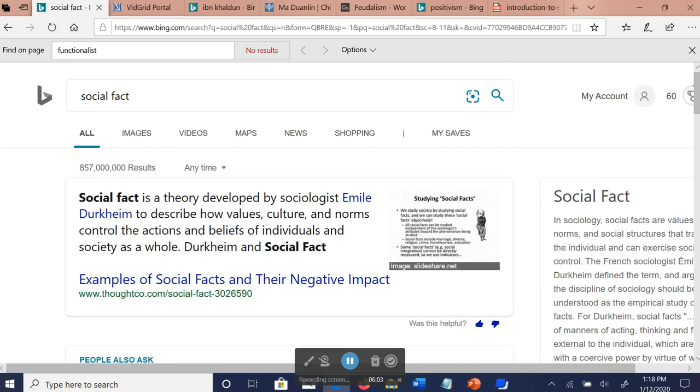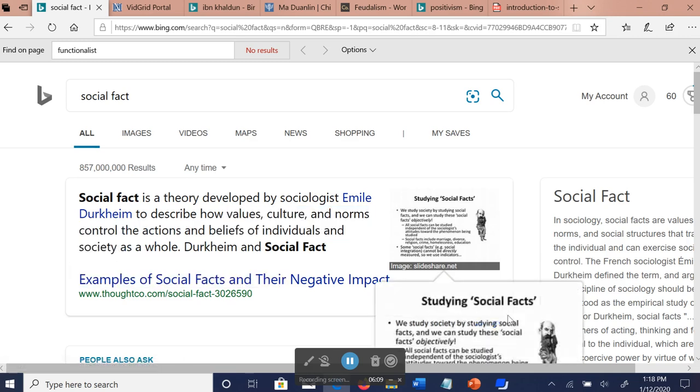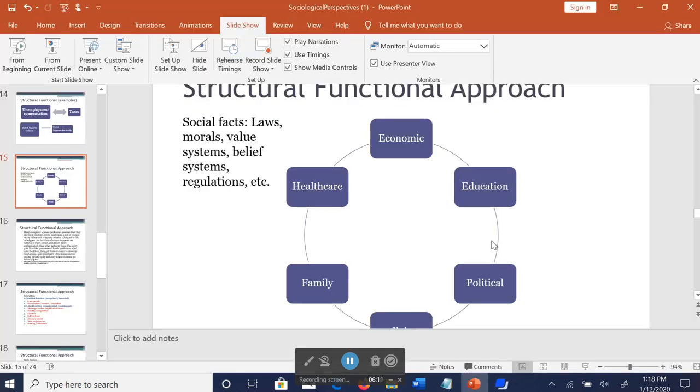These are what we mean by social facts. And all these things serve to hold society together through different entities with different functions. Hope I'm making myself clear so far.